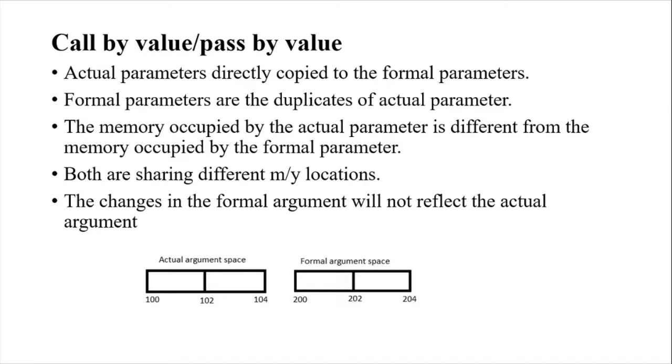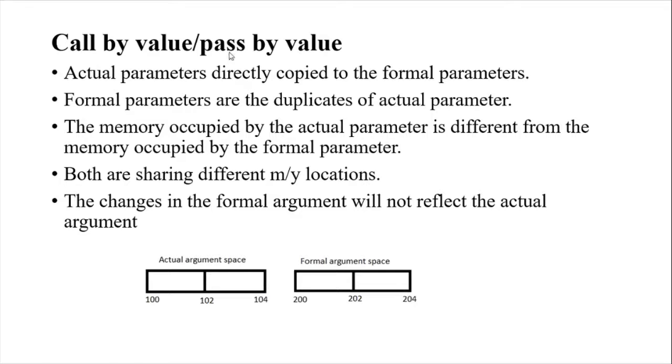Actual parameters are the parameters passed through the function call, and the formal parameters are the parameters in the function definition. So in the case of call by value, the actual parameters are directly copied to the formal parameters, and formal parameters are the duplicates of the actual parameters.